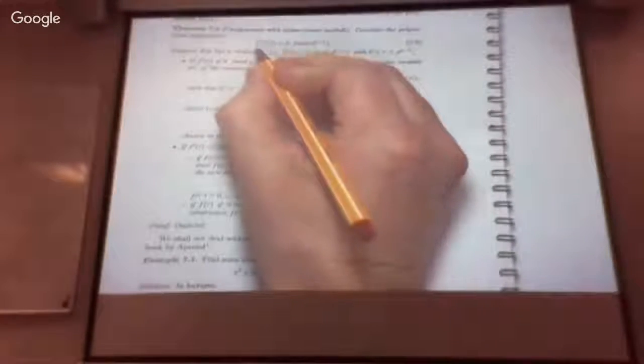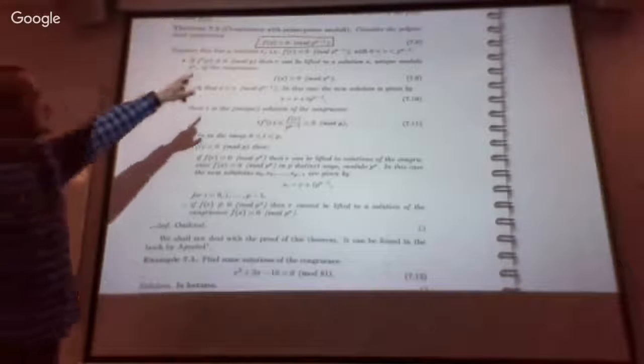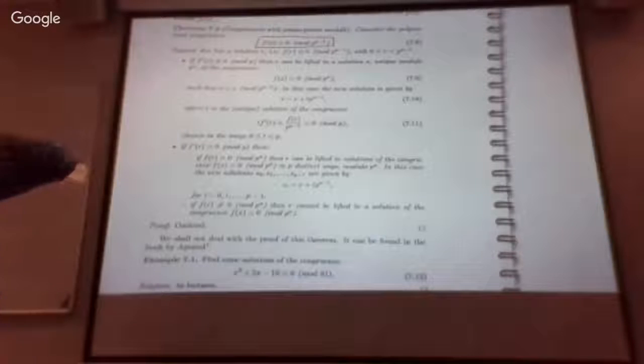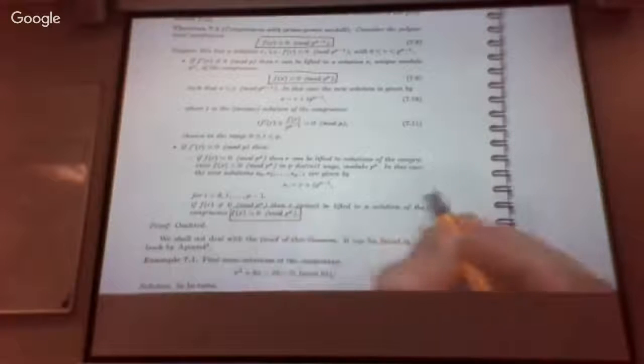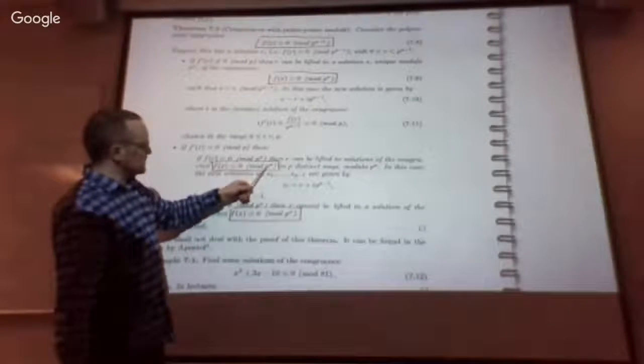This theorem tells you that if you've got a solution to one, which is some polynomial congruent to 0 modulo some power of p, this result tells you how to generate associated solutions to the same polynomial congruent to 0, but modulo, here it's written as p to the a.